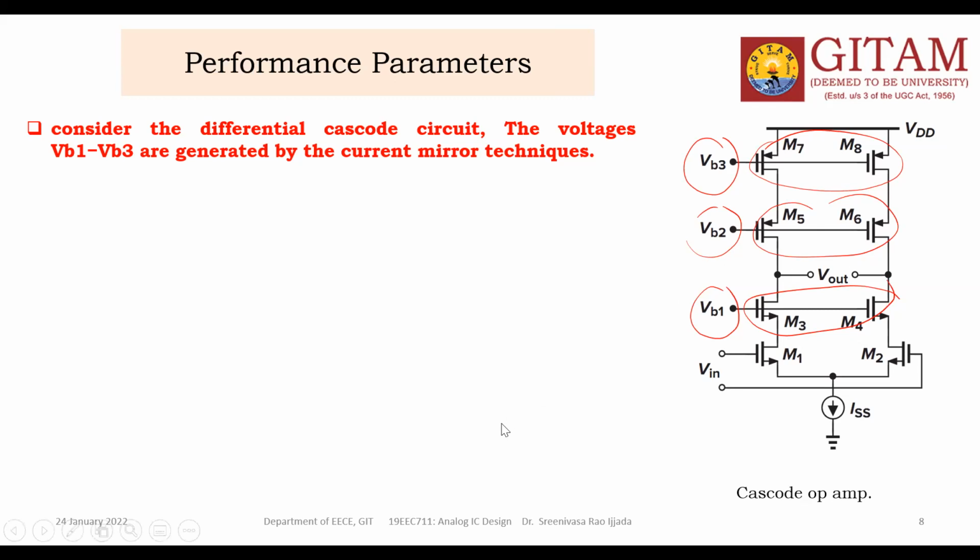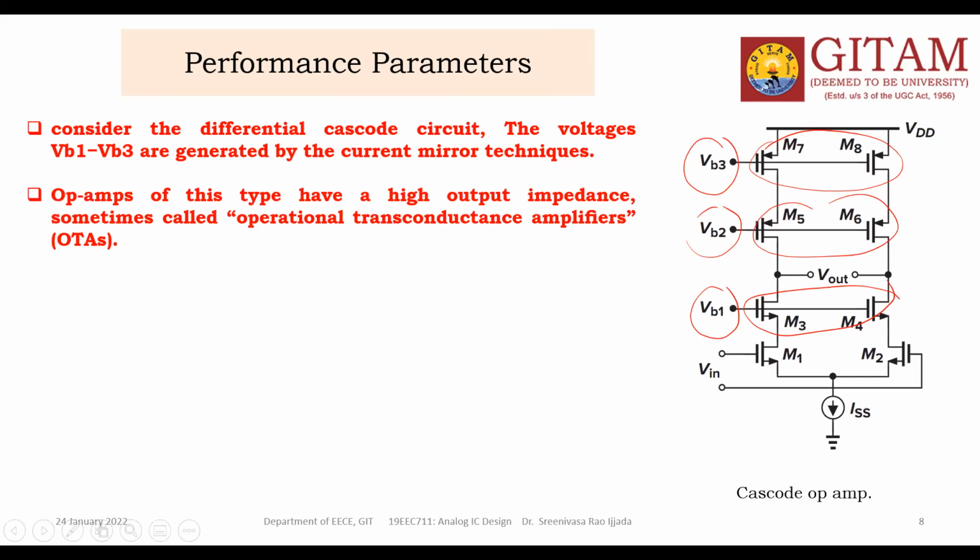Later, cascode op-amps of this type have high output impedance. Generally, our requirement is low output impedance, but they have high output impedance because of this cascading structure. Sometimes they are called OTAs, operational transconductance amplifiers.